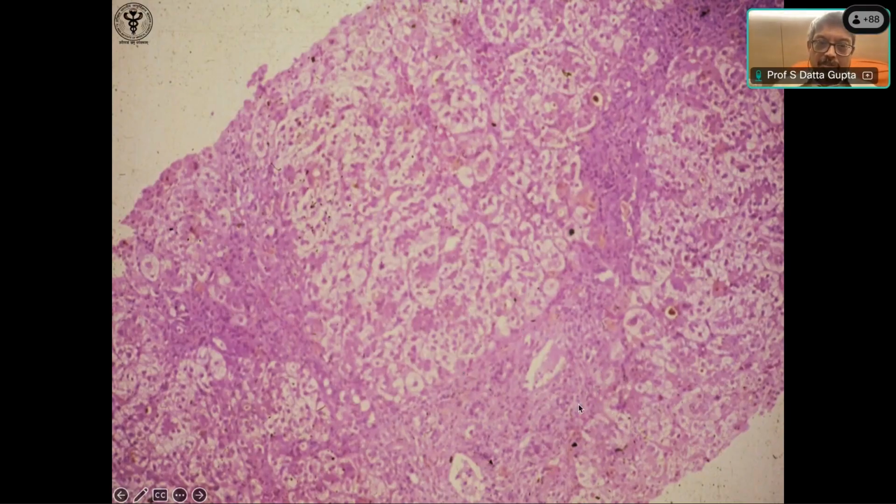Ballooning means cells should be enlarged at least 1 to 1.5 times, and they're full, they're rarefied, and they're almost empty. That is because when the cells are damaged, the sodium potassium pump doesn't work. Whatever fluid is there, it's almost like an intracellular edema, it's full of fluid. It's what was called hydropic degeneration.